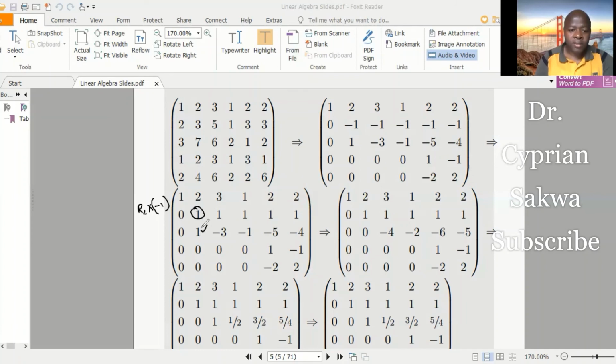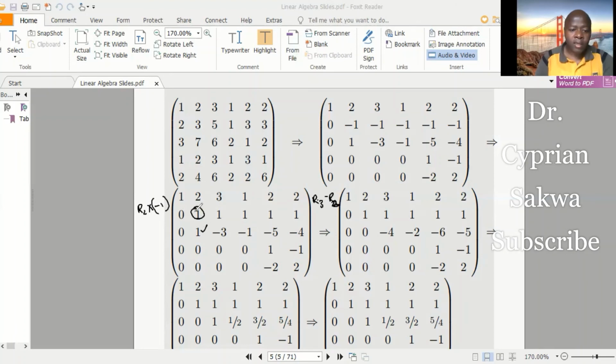And you can see, for me to achieve this, I need row 3 minus row 2. Row 3 minus row 2. So this, the entire row minus the entire row.